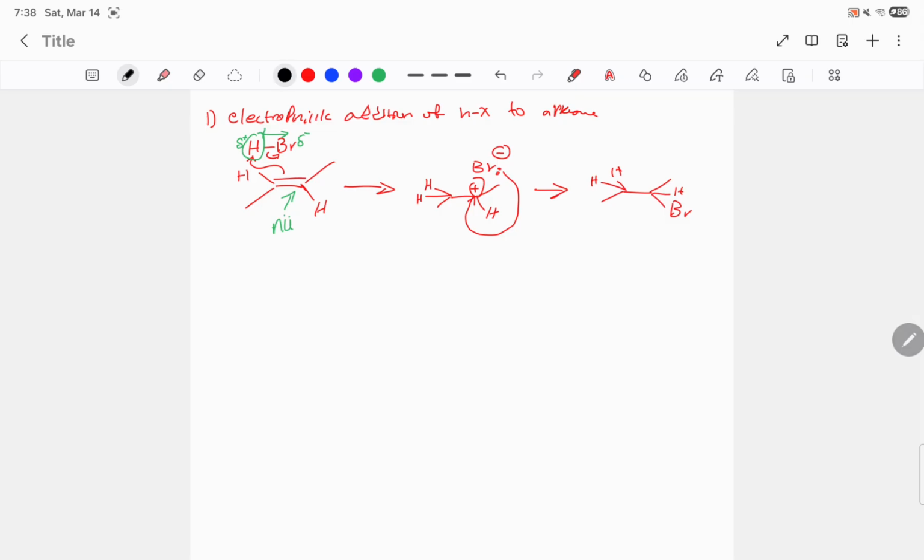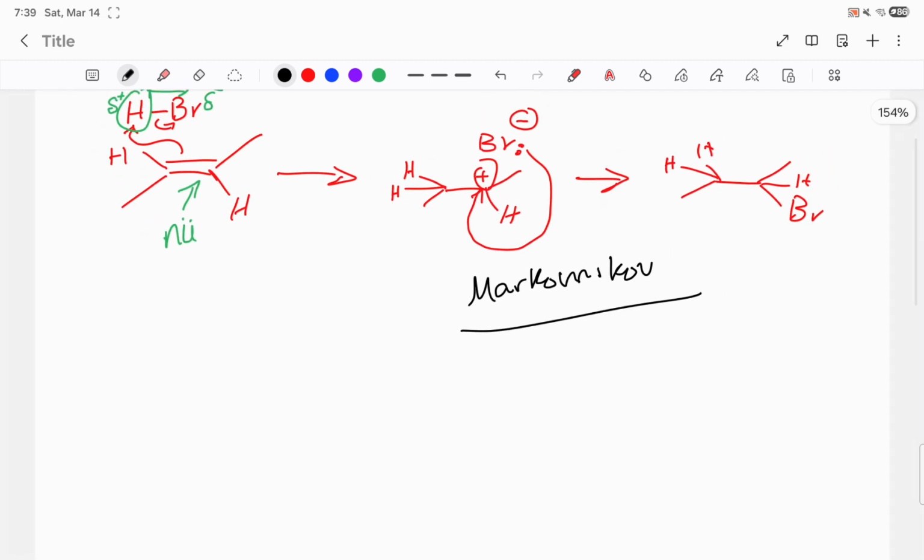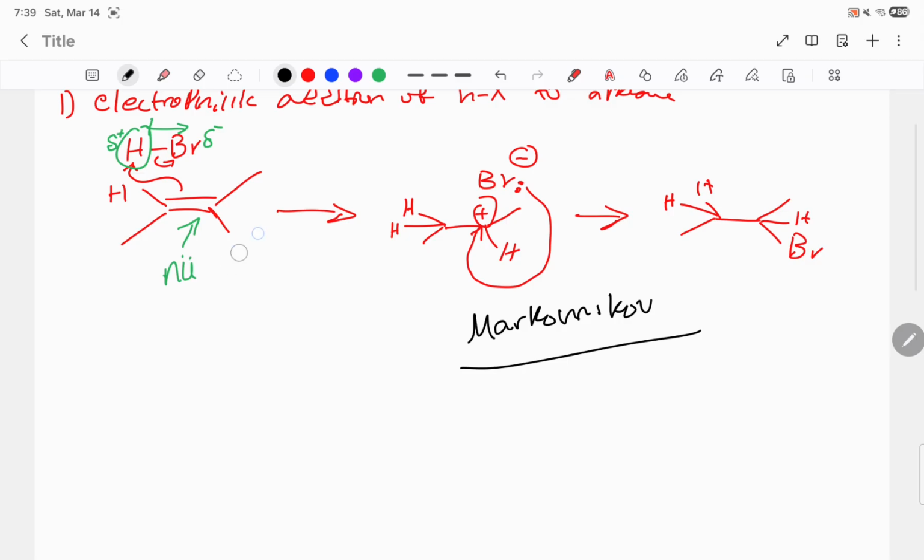What the hell does that mean? So this is Markovnikov. And what that means is that the addition occurs to the less substituted carbon. Okay? So again, in this case, it doesn't really matter because both of their substitution patterns are the same. But imagine that I had done kind of this.